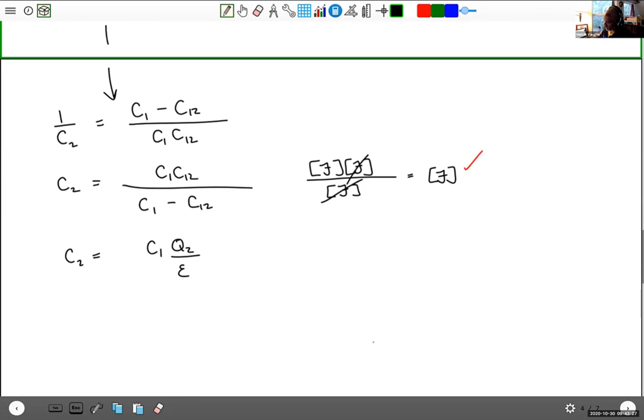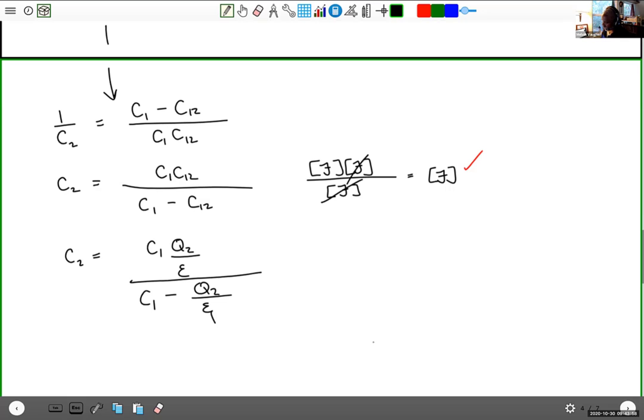So using that relationship, we have the product of the capacitance of capacitor 1 times the ratio of the charge on capacitor 2 over the EMF of the battery, divided by the capacitance of capacitor 1 minus the ratio of charge to EMF that we're given. And now we have about everything we need.